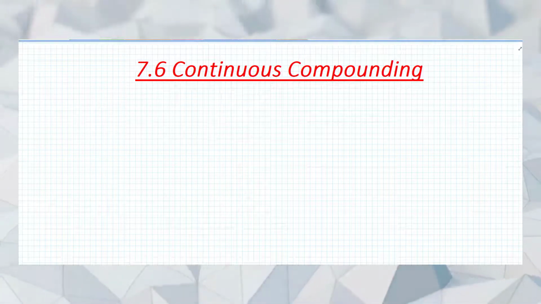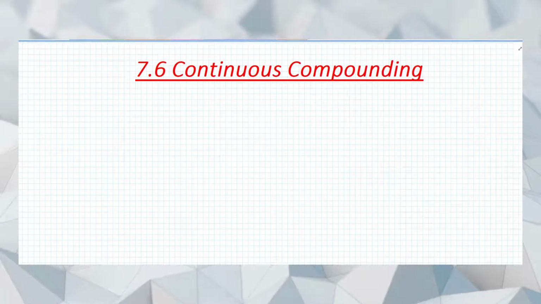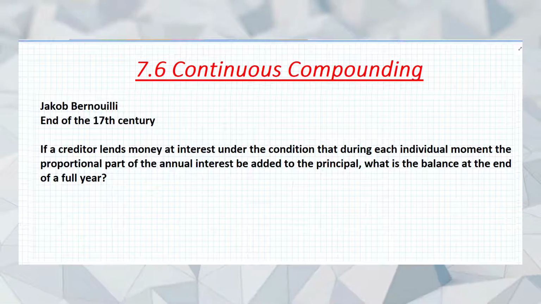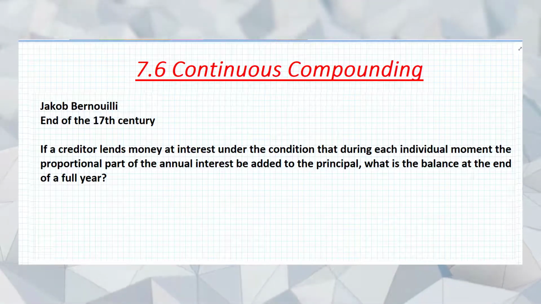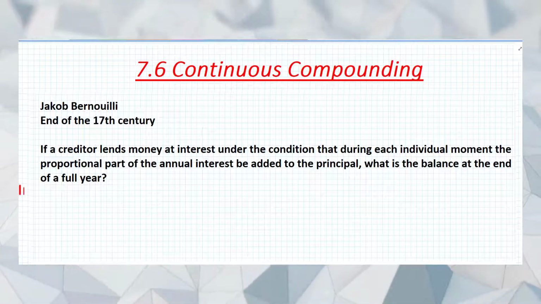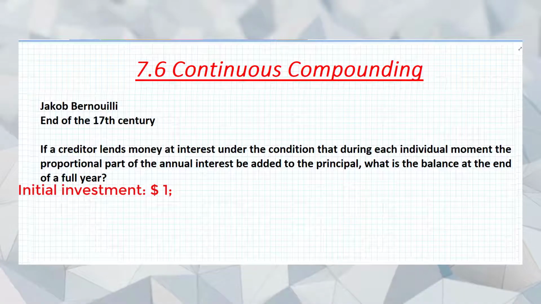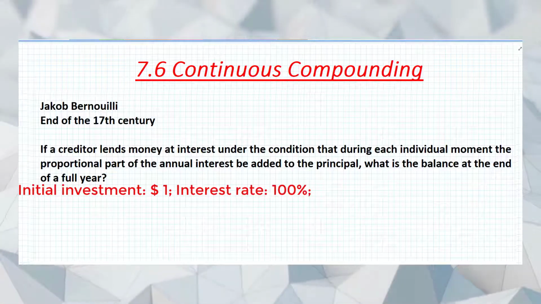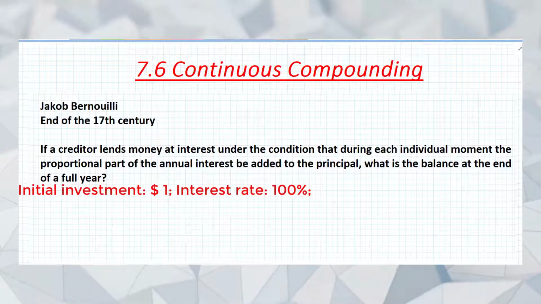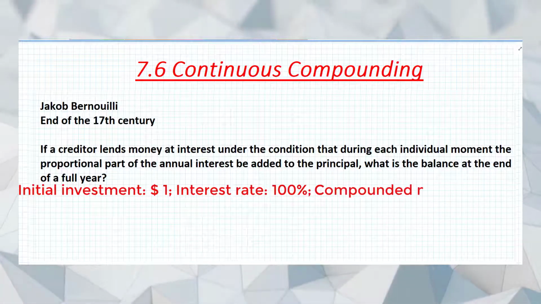Let's first quickly remind ourselves of how I introduced the number e. This was a problem described by Jacob Bernoulli at the end of the 17th century. I'm not going to read it again, it was in the last video. But basically, we took $1 and we invested it at 100% interest rate, that's doubling, 100% interest yearly, but we compounded that n times a year.